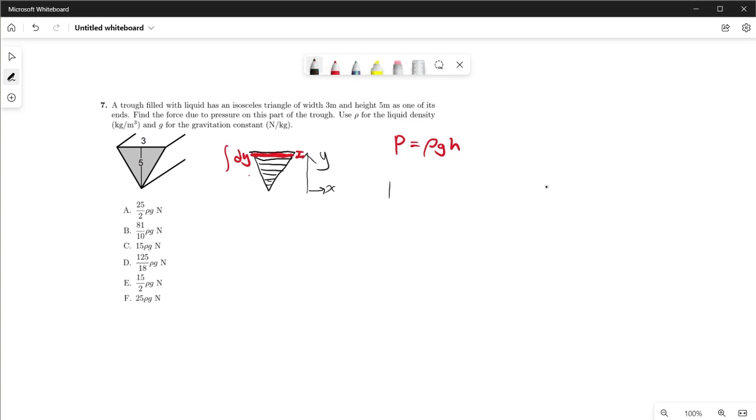This pressure, or rather the force now, will just be the pressure integrated over dy. Pressure of a single layer. Where that single layer is, is just the y that I have. It would be 5 minus y, or I can just start y from the top. I can say y is going down this direction.